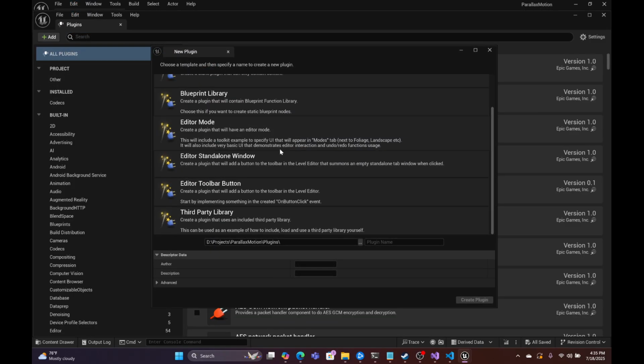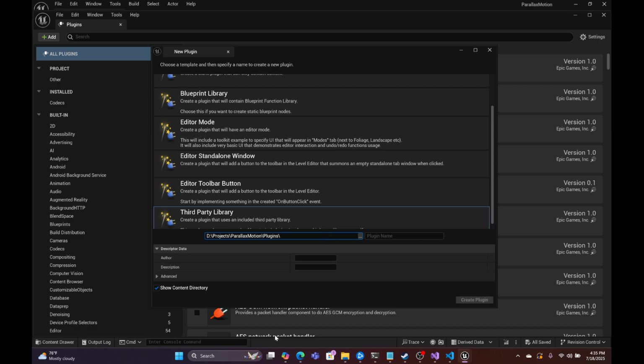New plugin, third-party library, voxel plugin. No, no, no. Voxel plugin, so that my name can be the same as the existing one. Okay. Do this again.